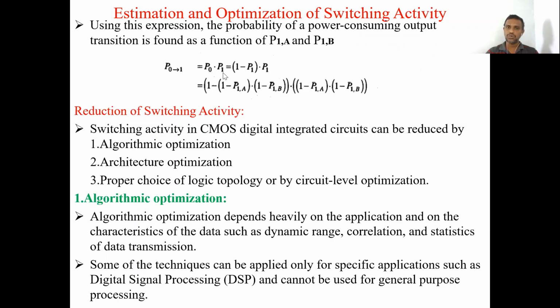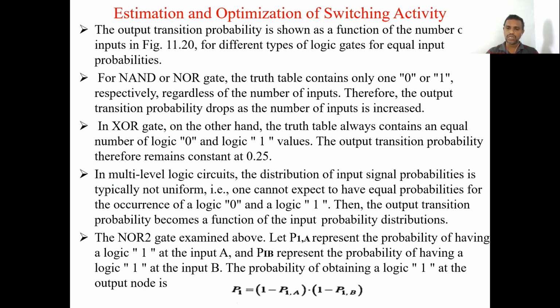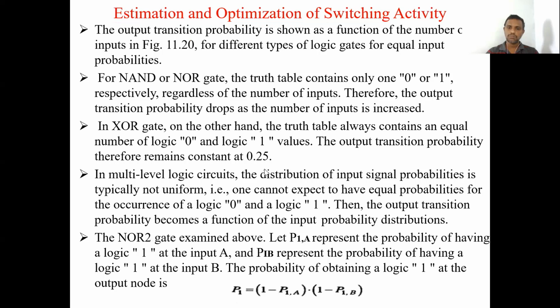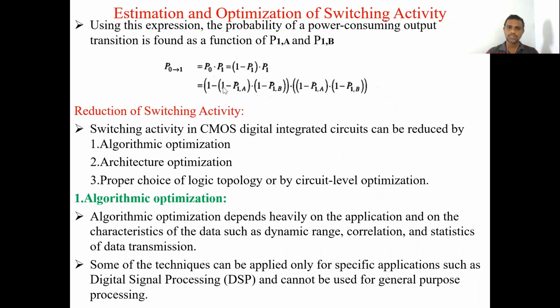So P0 is equal to 1 minus P1, but P1 here is (1 minus P1A) multiplied by (1 minus P1B). Therefore, I will substitute the P1 values in these two terms. That is 1 minus, what is P1 here, (1 minus P1A) multiplied by (1 minus P1B), and as it is, this P1 we write as (1 minus P1A) multiplied by (1 minus P1B).